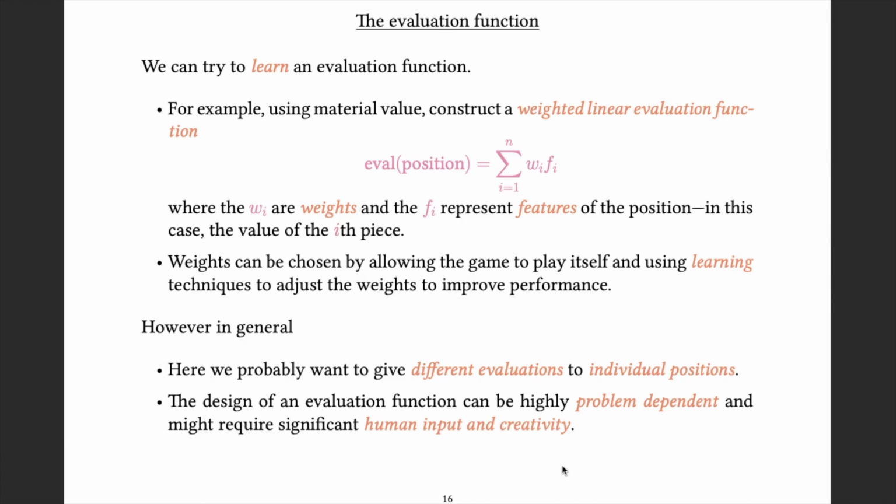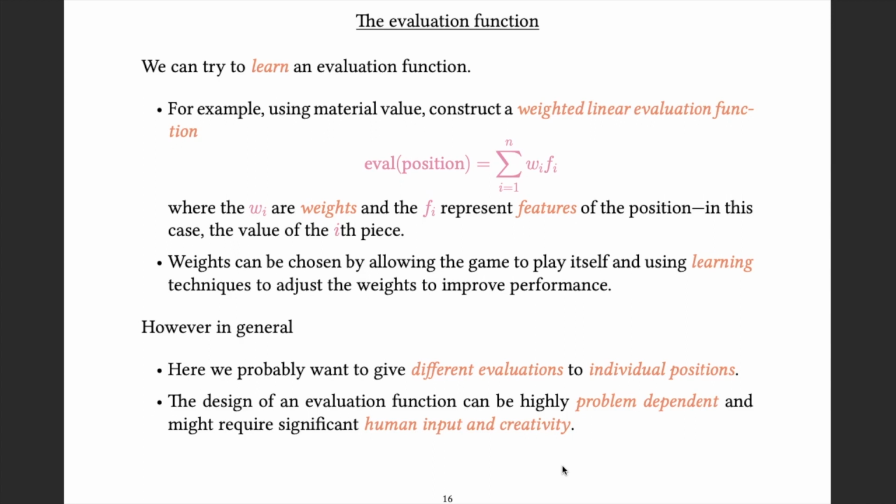Now, as a starting point, we could, for example, try and evaluate a position by taking a weighted sum, the weights here are the Wi, of features Fi of the position. Those features could, of course, just be material value for the individual pieces, and we could try and learn these weights W in order to get some kind of better evaluation function.